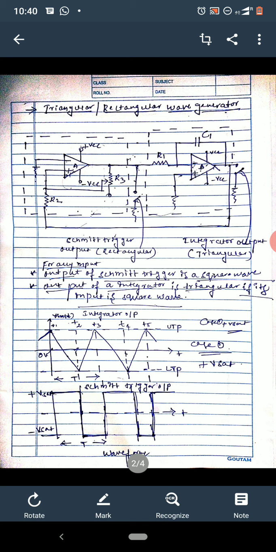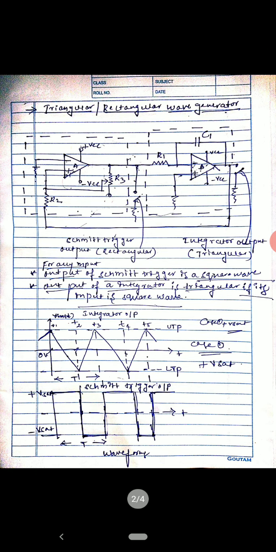On the other hand, the specialty of the integrator circuit is it takes only square wave input and gives a triangular wave output. So now the idea is connecting a Schmitt trigger and an integrator circuit back to back to generate triangular and rectangular wave from the same circuit.